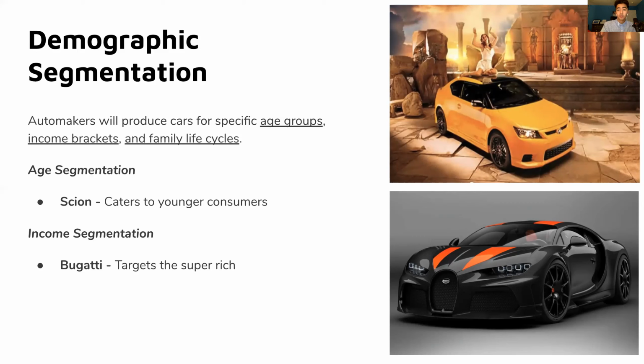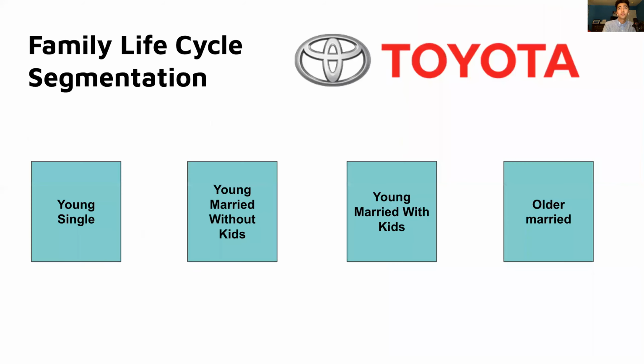And according to Bugatti's CEO, the average Bugatti owner has 84 cars, 3 jets, and 1 yacht. So I'll give you a few seconds. And this car has a price tag of nearly $3 million. So it clearly demonstrates income segmentation.